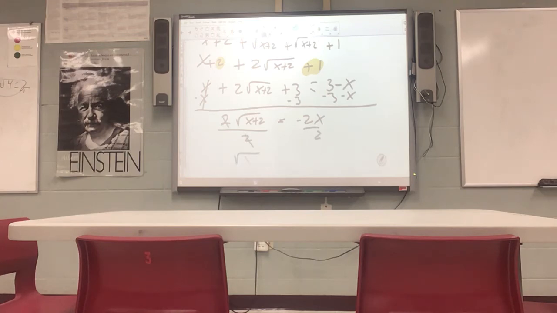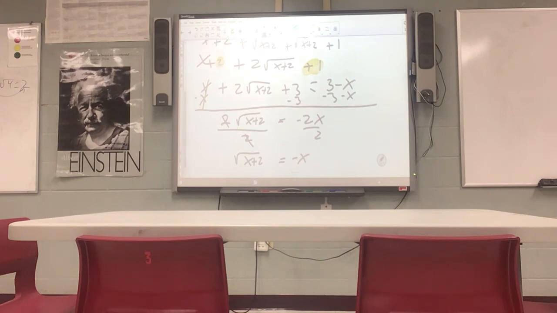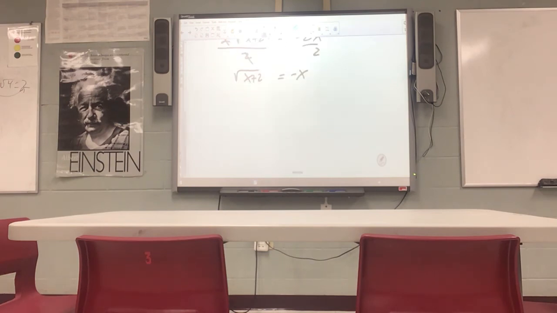So I got the square root of x plus 2 is equal to negative x, right? Alright, so now there's no extra junk on the left side. What are we going to do to get rid of that square root? Square it. So we're going to square here, we're going to square here.